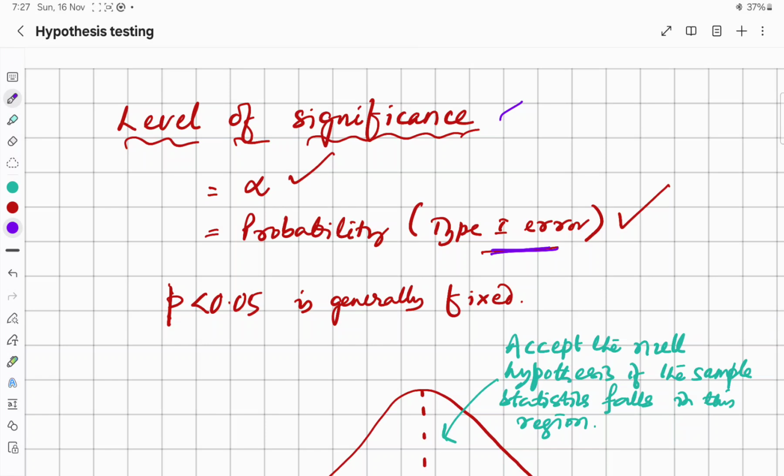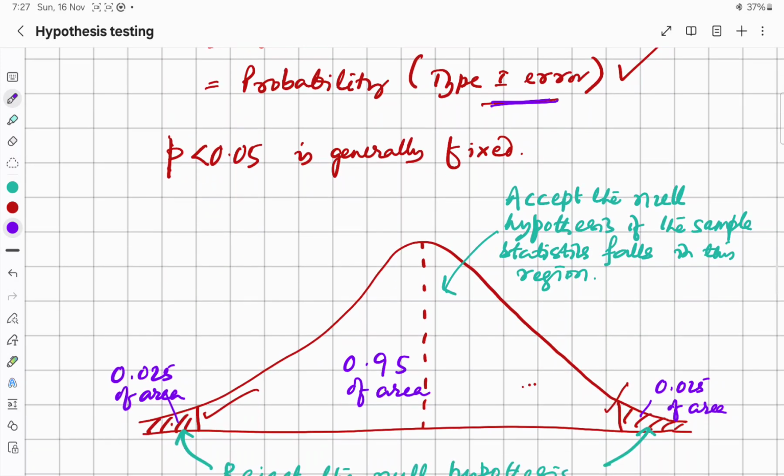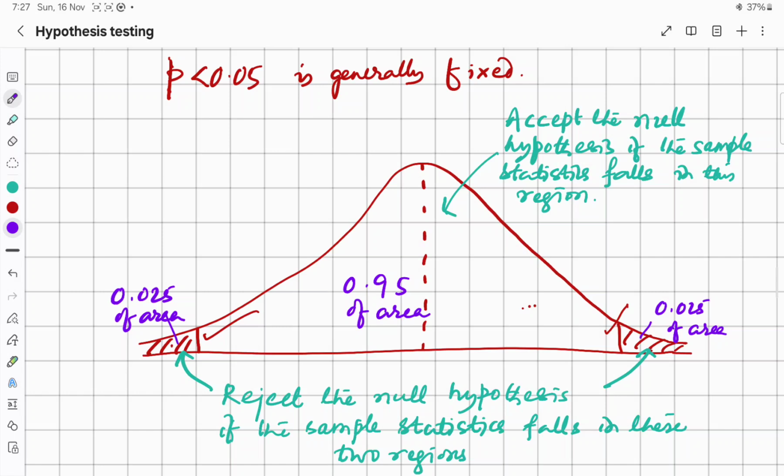This level of significance is usually expressed as a percentage, and we can call it the size of the rejection region or size of the critical region.